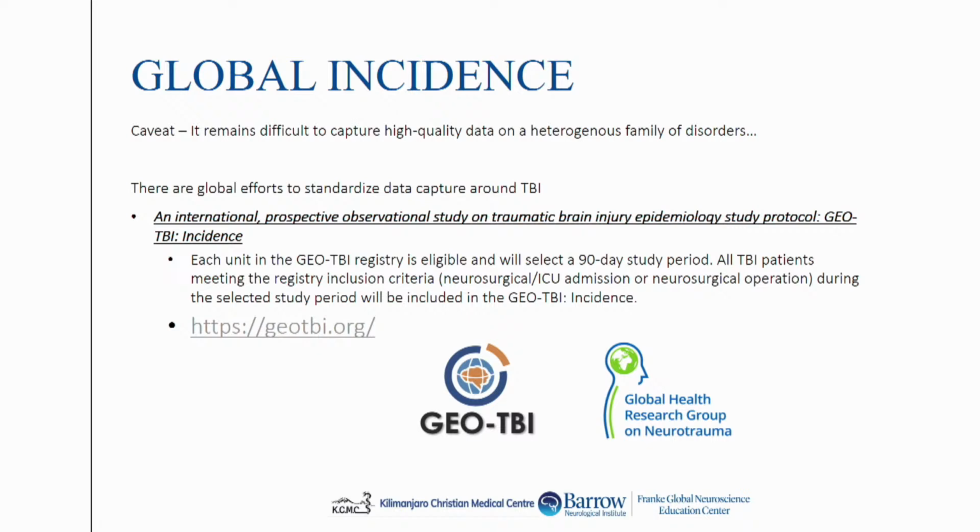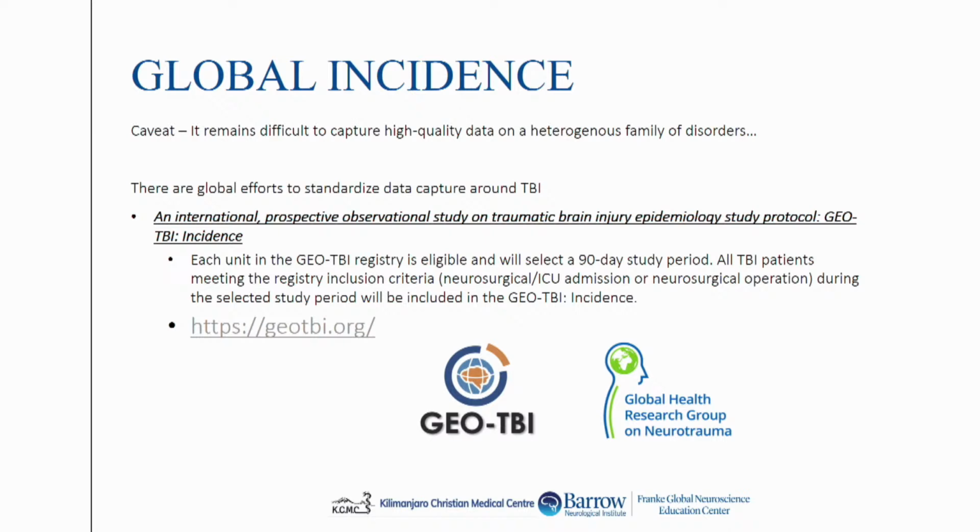All of those nuances are important to capture so that we can understand who is getting TBI, how they are being managed currently, and how we can improve TBI management globally, in the field, in the acute setting, in the emergency room, and beyond, inpatient, onwards to getting them home, hopefully.